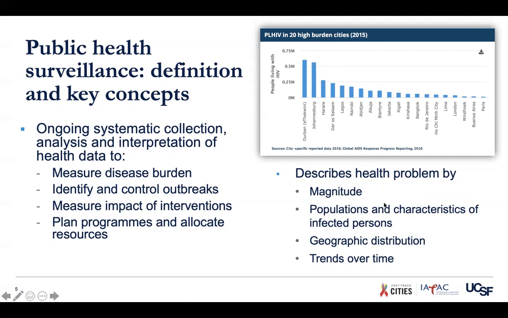We talk about the disease burden in terms of the magnitude, that is the number of cases, the populations and characteristics of infected persons, the geographic distribution, and then trends over time. This was just looking at, for instance, the number of people living with HIV in various cities across the world.